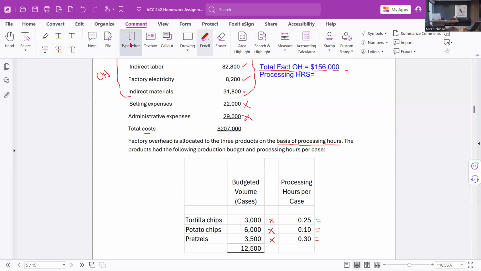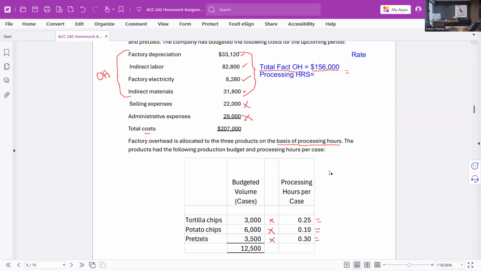So again, we want to just do the math here, and we'll come up with the total processing hours. So the tortilla chips, well, the 3,000 cases times 0.25 gives us 750 processing hours.